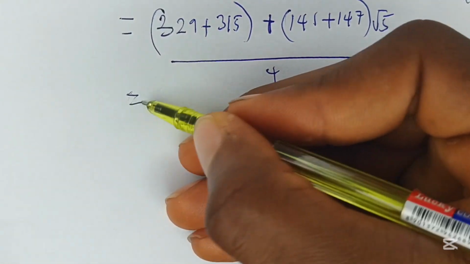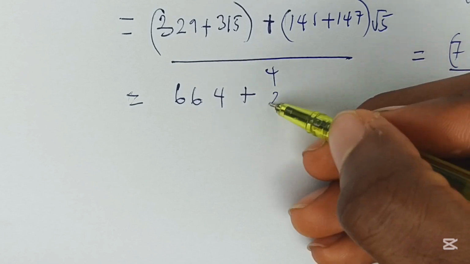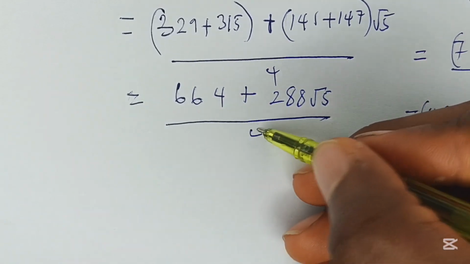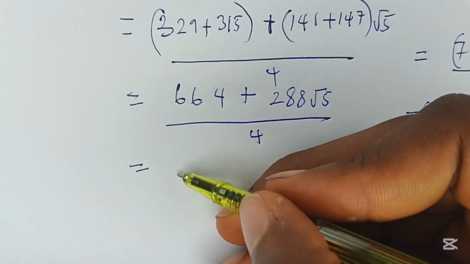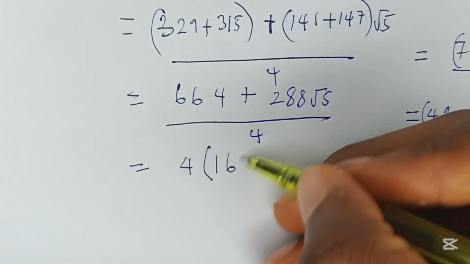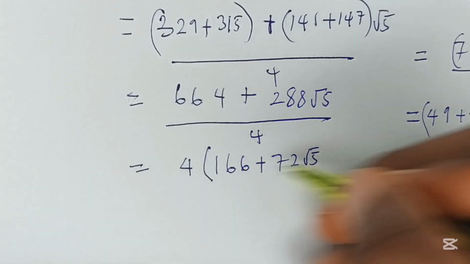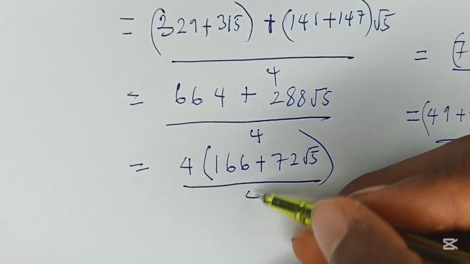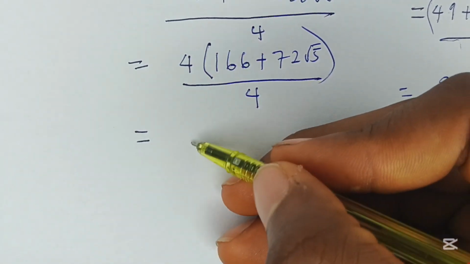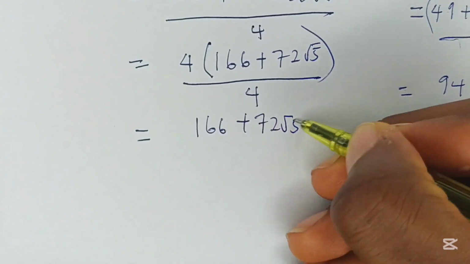And this becomes equal to 664 plus 288 root 5, all over 4. And this becomes equal to 4 into (166 plus 72 root 5) all divided by 4. And finally, we now have the answer to be equal to 166 plus 72 root 5.